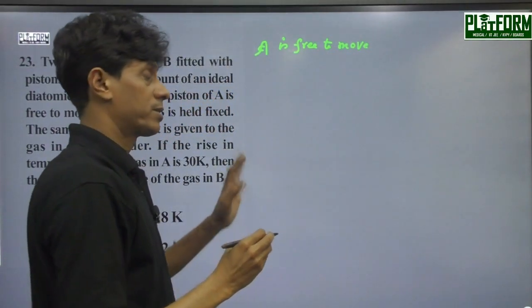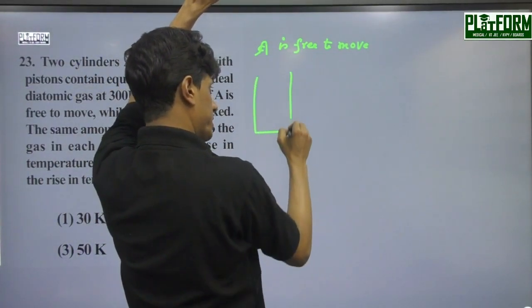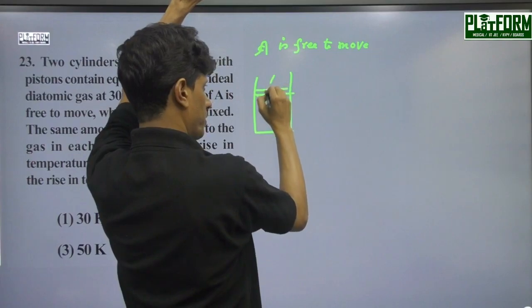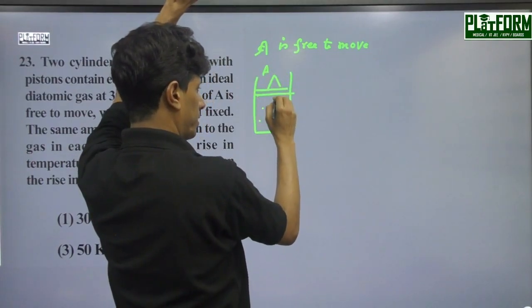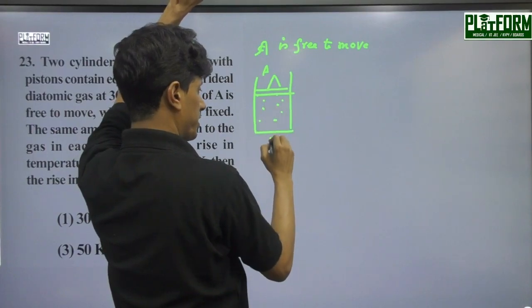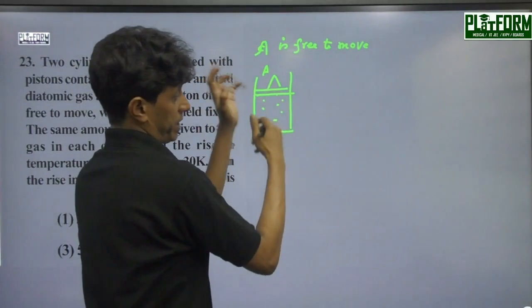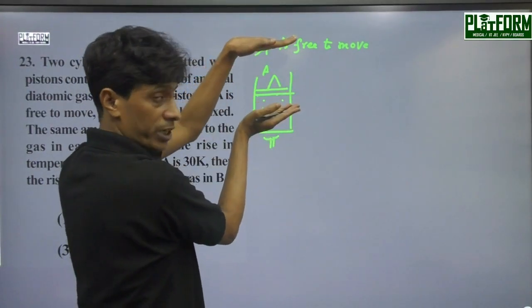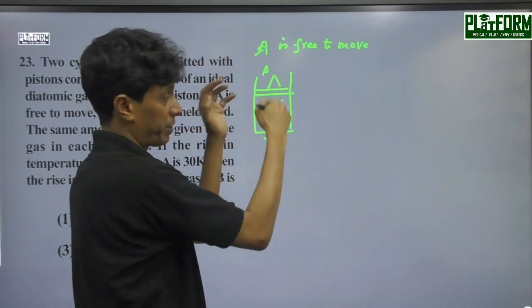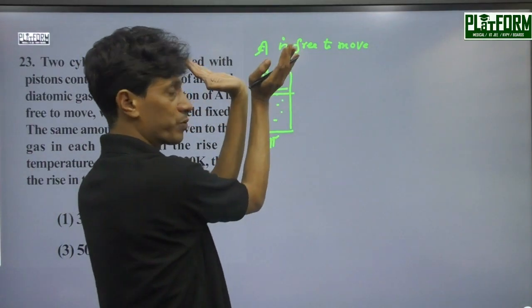Free to move means if we supply heat to the container, and the temperature of the gas increases, the pressure of the gas goes on increasing, and because of the unbalanced pressure outside and inside, the pressure of the gas becomes larger than the outside pressure and the piston moves up.